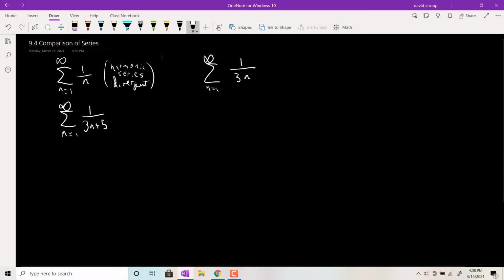This is automatically divergent because it's just a constant times the harmonic series. It's just a series of 1/3 times 1 over n from n equals 1 to infinity. So it's automatically still divergent. Okay, a constant multiple of the divergent harmonic series is divergent.